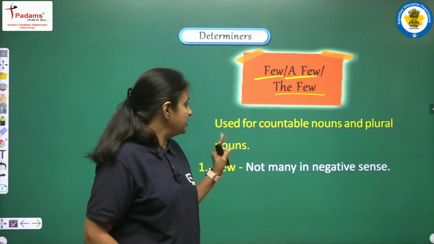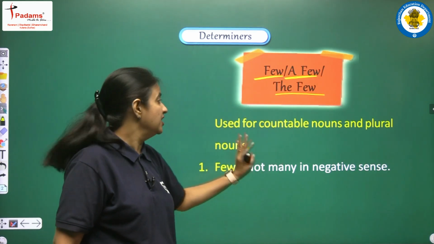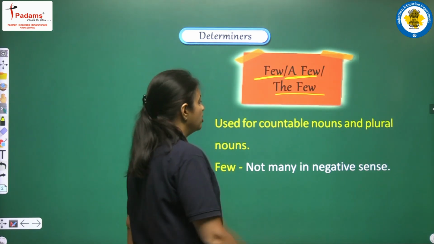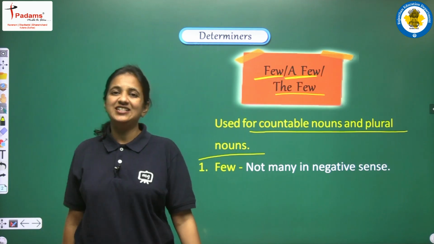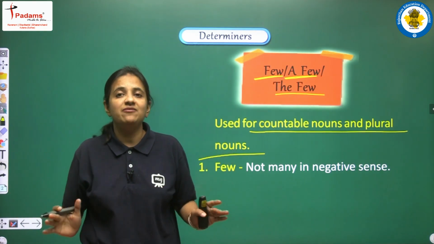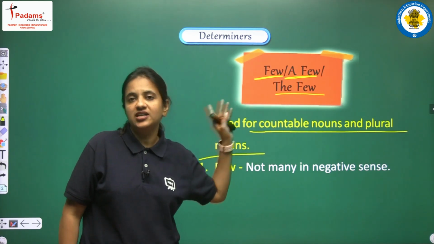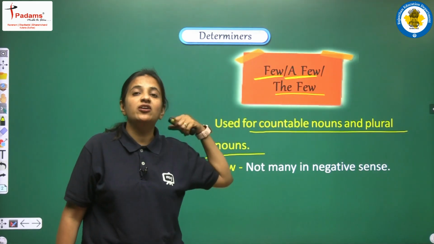First of all, let's see when and how we have to use these three words. These three determiners are used for countable nouns and plural nouns. So students, till now I am very sure that you all have a lot of clarity regarding all these terms, what is a countable noun, what is an uncountable noun, what is a singular noun and what is a plural noun.